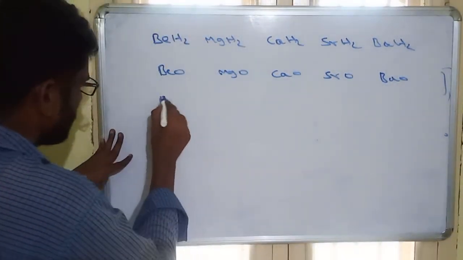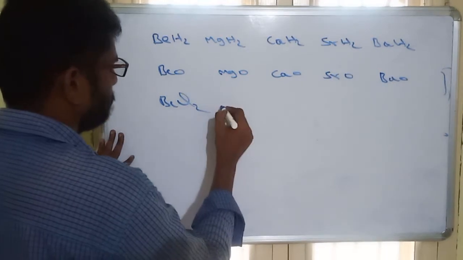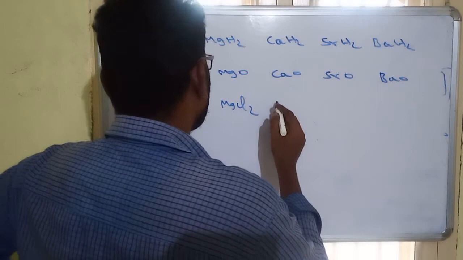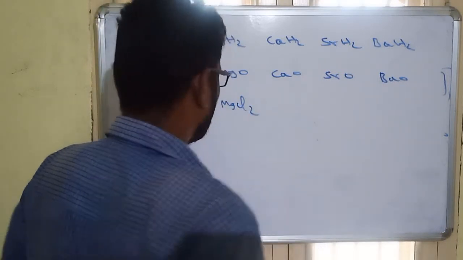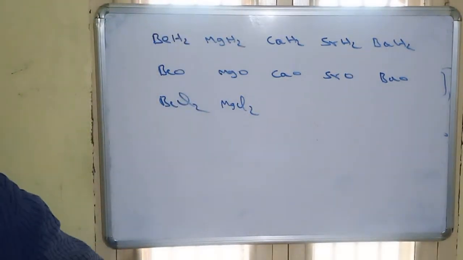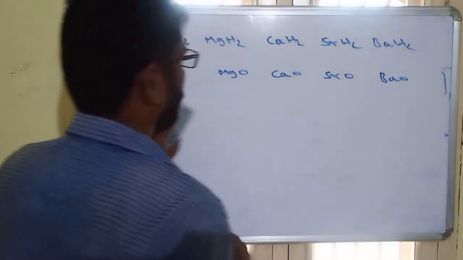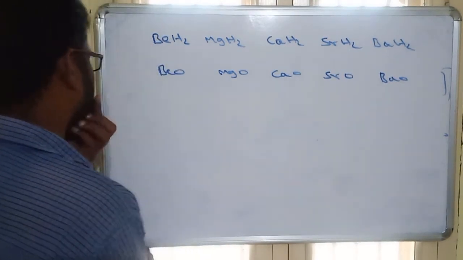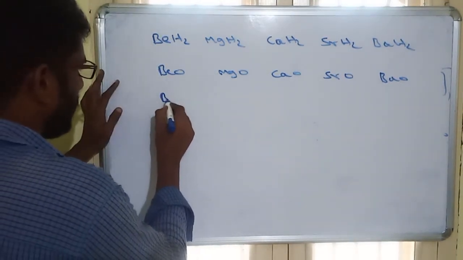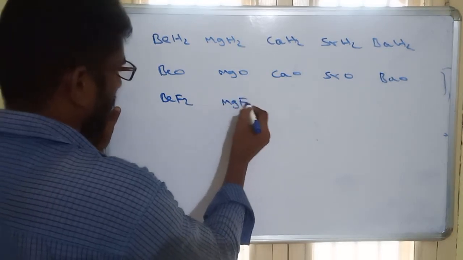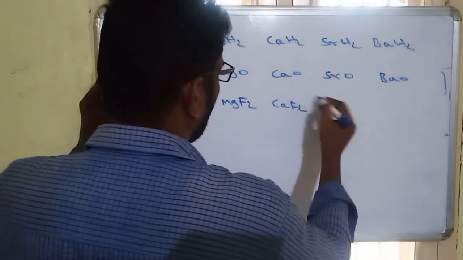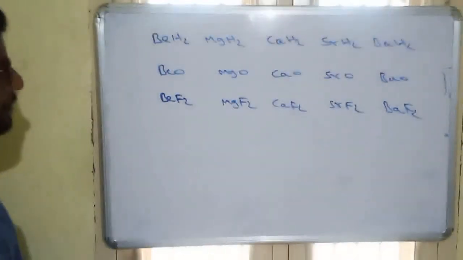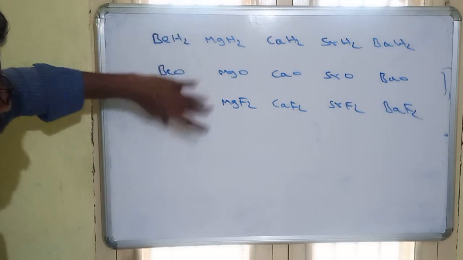Like that we can take halides also, BaCl2, MgCl2. Just we are taking hydrides, oxides, and in halides we are taking fluorides. Suppose we are taking BeF2, MgF2, CaF2, SrF2, BaF2.